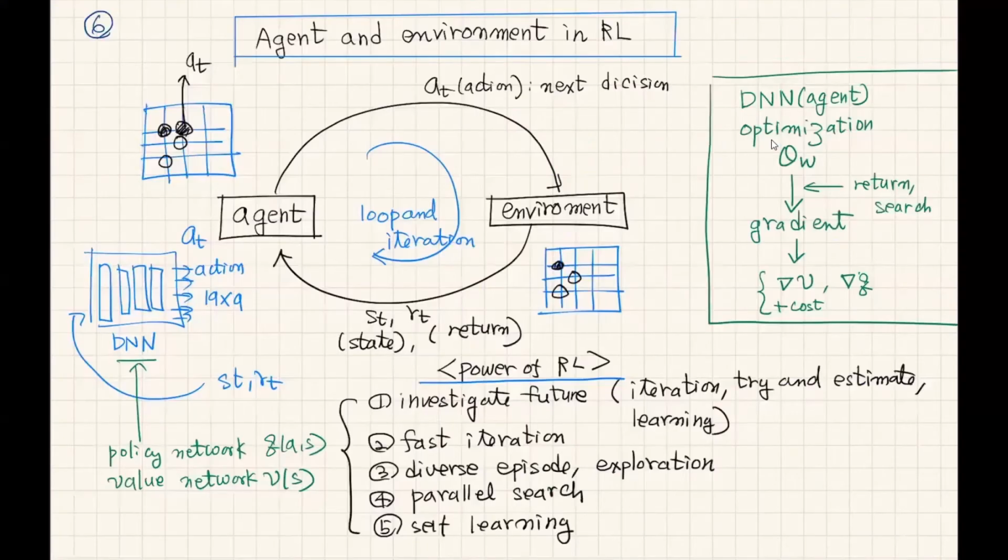Now, let's step one more into reinforcement learning. In reinforcement learning, we have an agent. The agent will make a decision. And there is an environment.